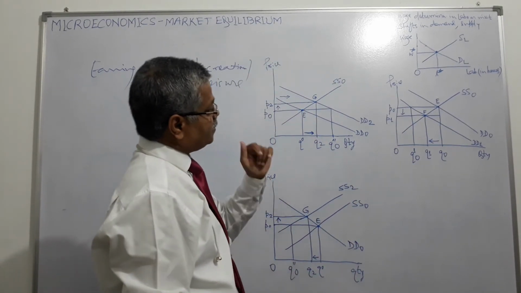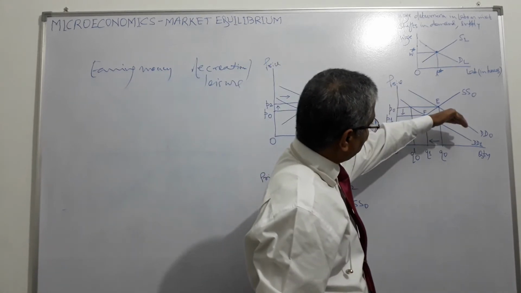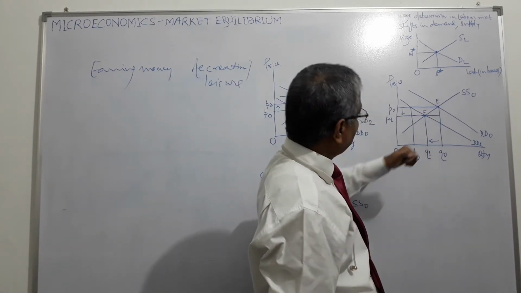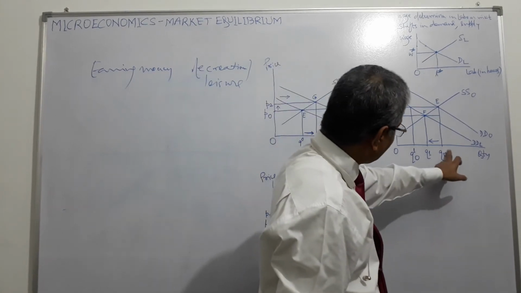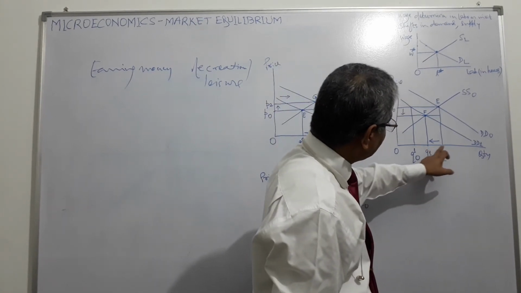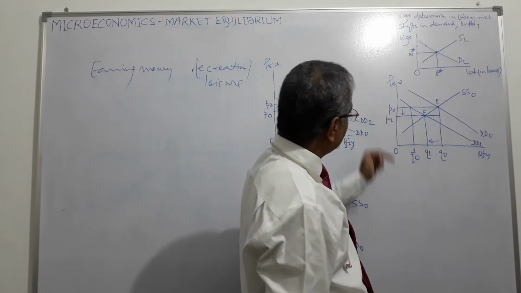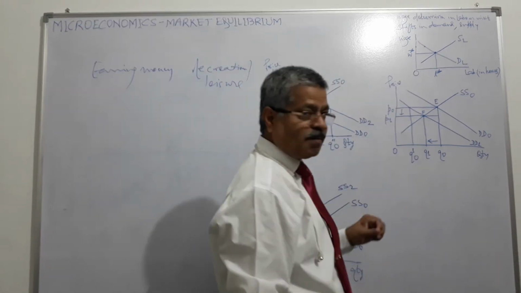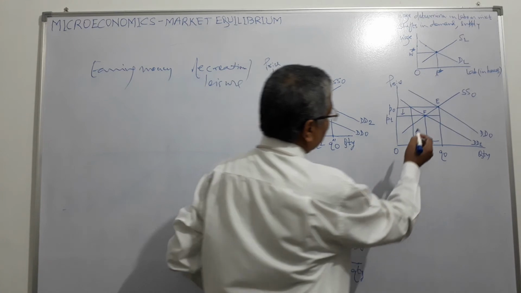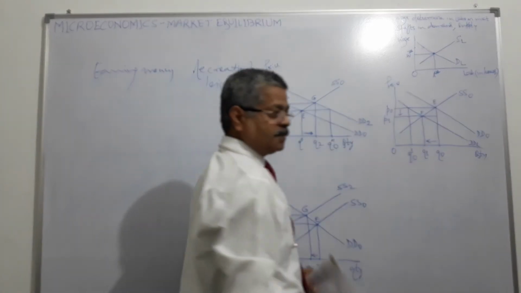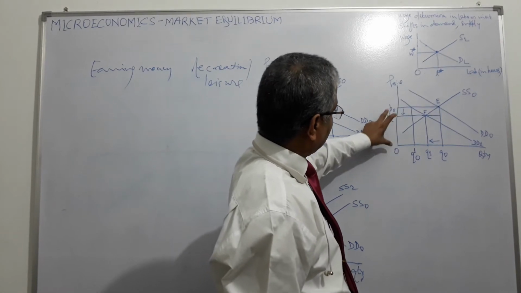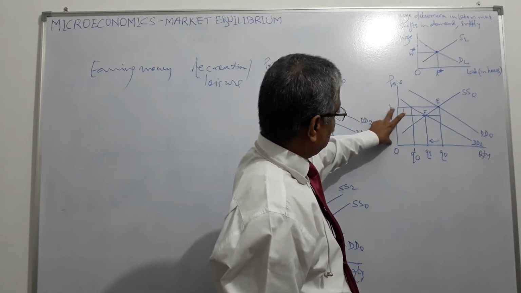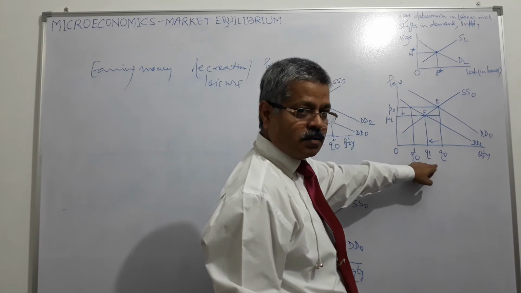You can see that the quantity has reduced, it has come down. Price also has come down, and the new equilibrium point is at F.